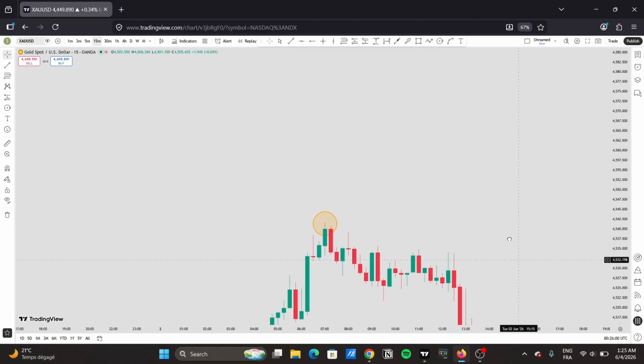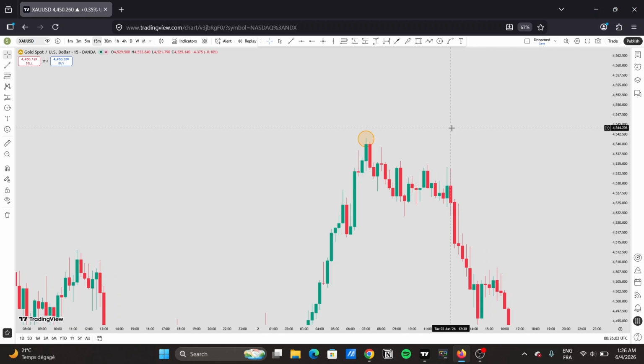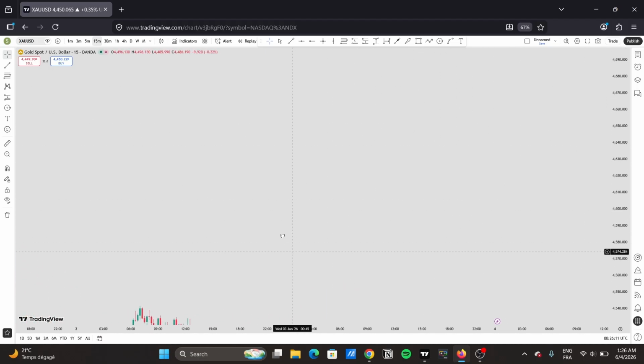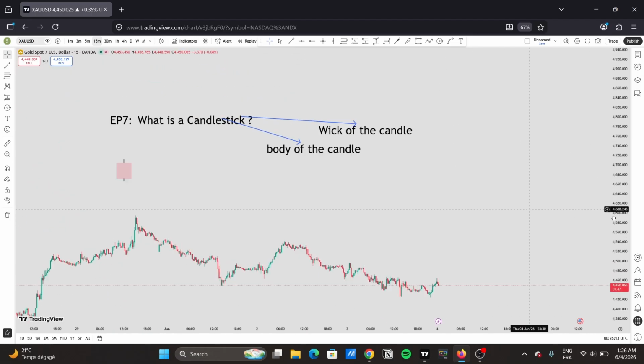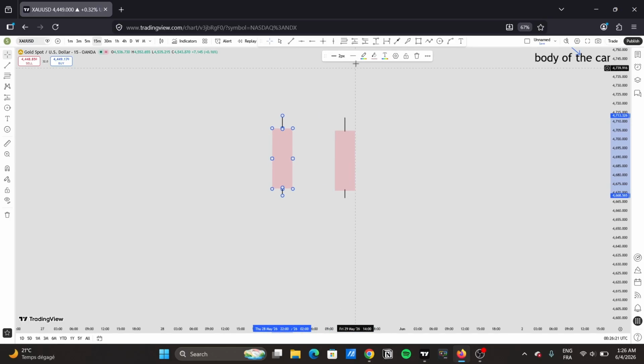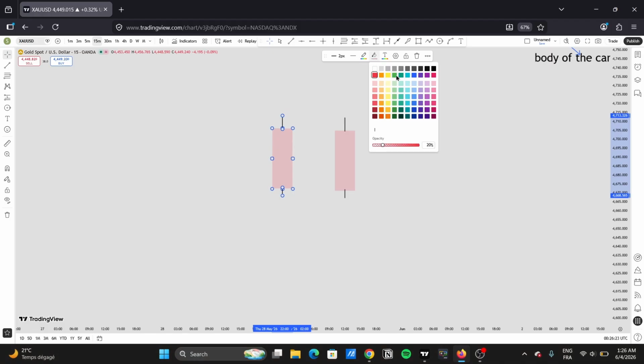Now, the next thing we are going to explain is how many types of candlesticks there are. We have mainly two types: a bearish candle, which is the red one, and a bullish candle.